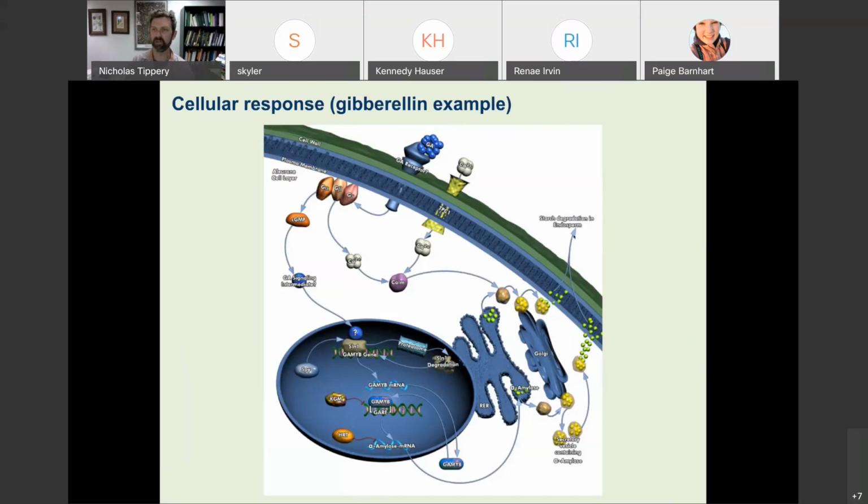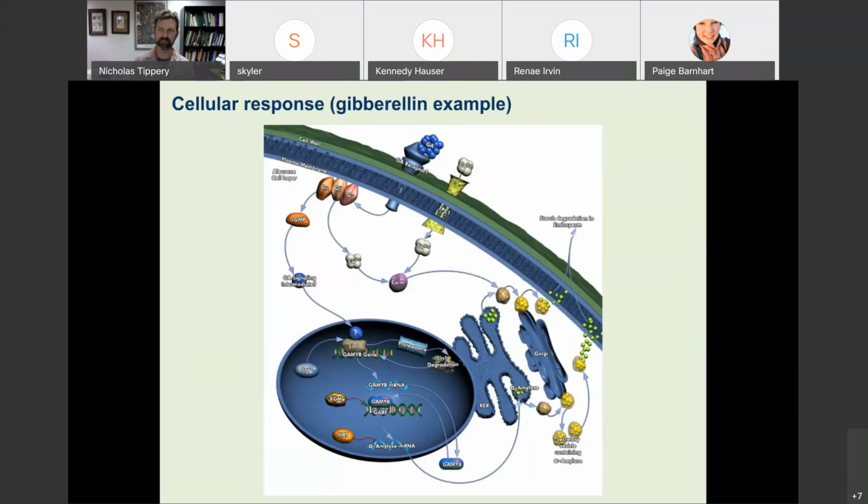So germinating seeds, one of the things that gets clicked on in that process is to break down the endosperm starch. What happens when you break down starch? What do you get? Sugar, right. So starch is a good energy storage molecule, longer term energy storage, but sugar is more immediately available. So breaking down the starch into sugar makes that available for the embryo.